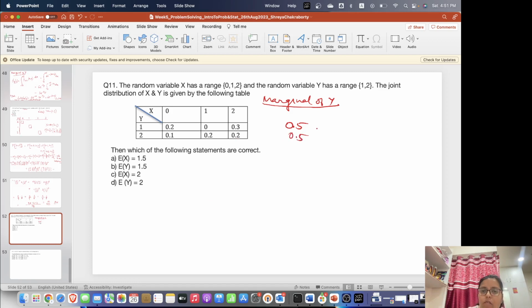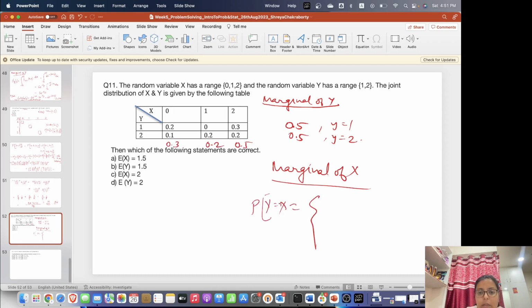Okay. Now marginal of x, this is y equal to 1, this is y equal to 2. Marginal of x will be 0.3, 0.2 and 0.5. So probability x equal to x is 0.3 when x equal to 0, 0.2 when x equal to 1 and 0.5 when x equal to 2.